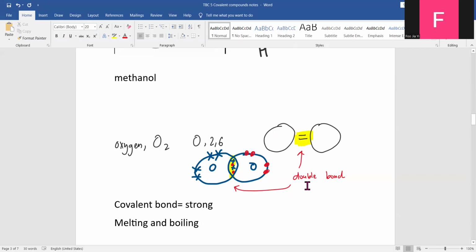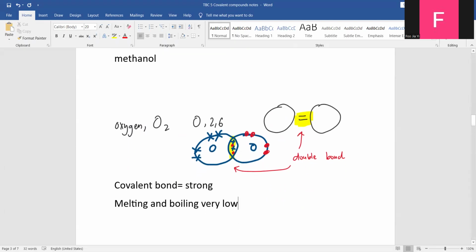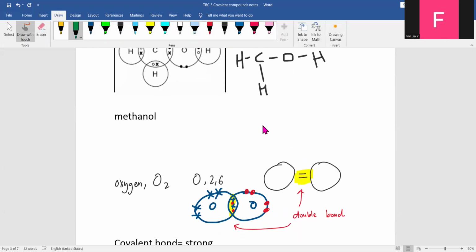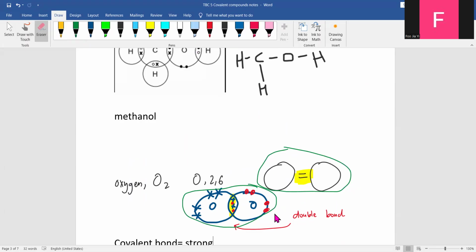The melting point and boiling point is very low because what we separate is the intermolecular forces of attraction. Meaning, here is one molecule, here is another molecule of oxygen. When we melt it or boil it, what we separate is the attractive forces between the molecules.